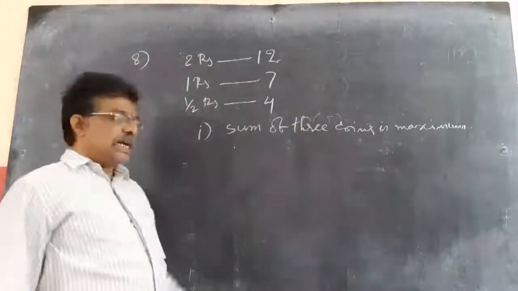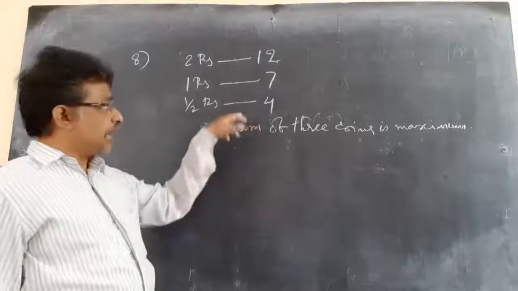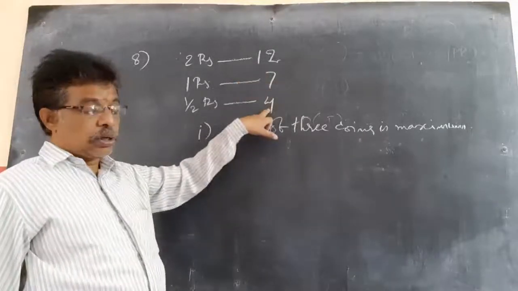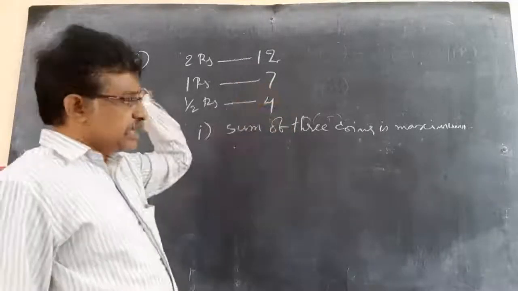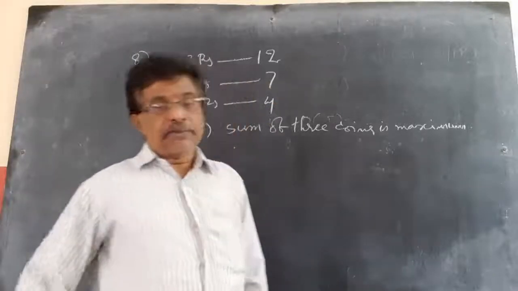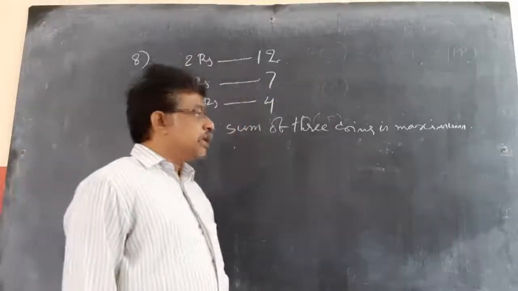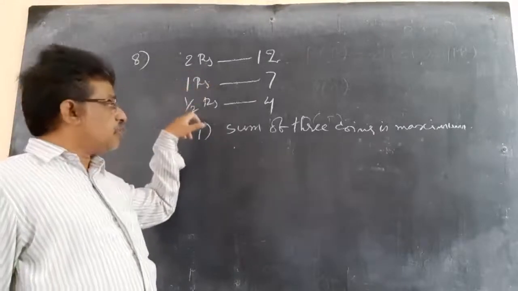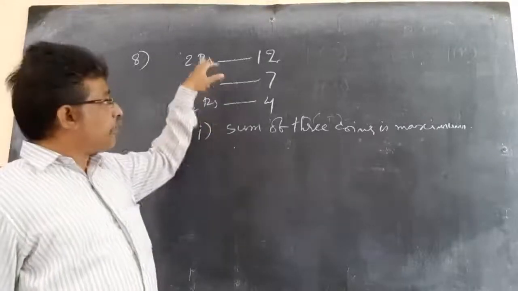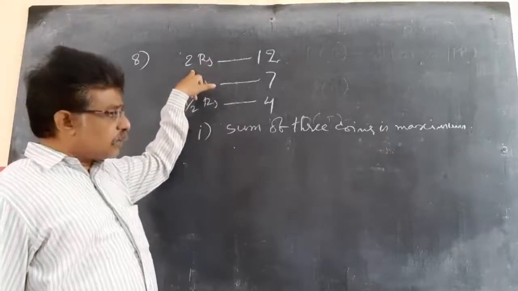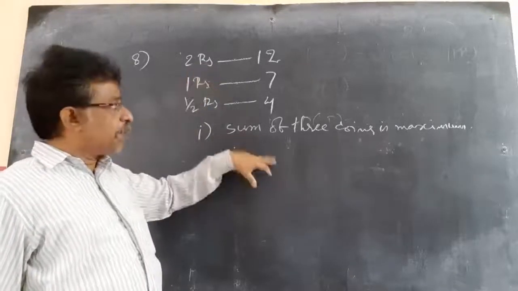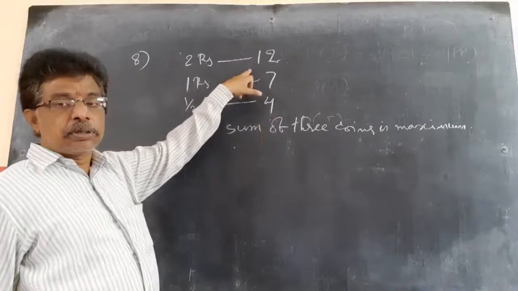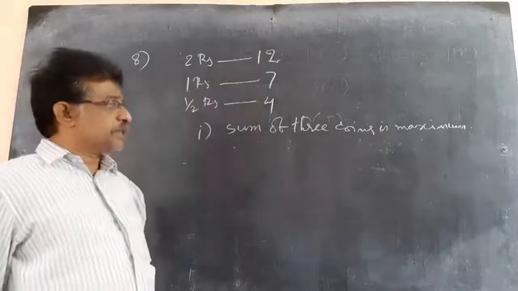When 3 coins are picked up from this bag containing 12, 7, 4, you are going to pick up 3 coins and you should get the maximum amount. Maximum amount means you should get all 2 rupees only. 1 rupee is not the maximum, half rupee is not the maximum. Maximum amount is 2 rupees. So if I want to get the maximum amount, I need to pick up all the 3 from the 2 rupees.